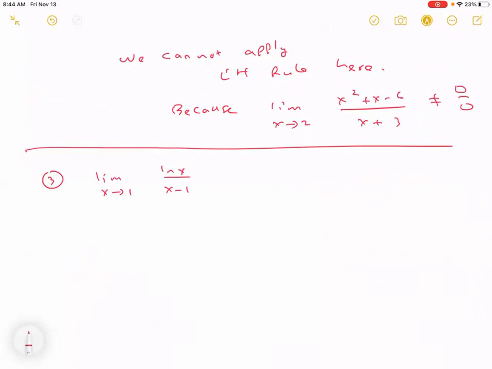We can try to simplify this further, and if you plug in 1 for x, it is a good candidate to apply L'Hopital's rule. So why don't we use this?